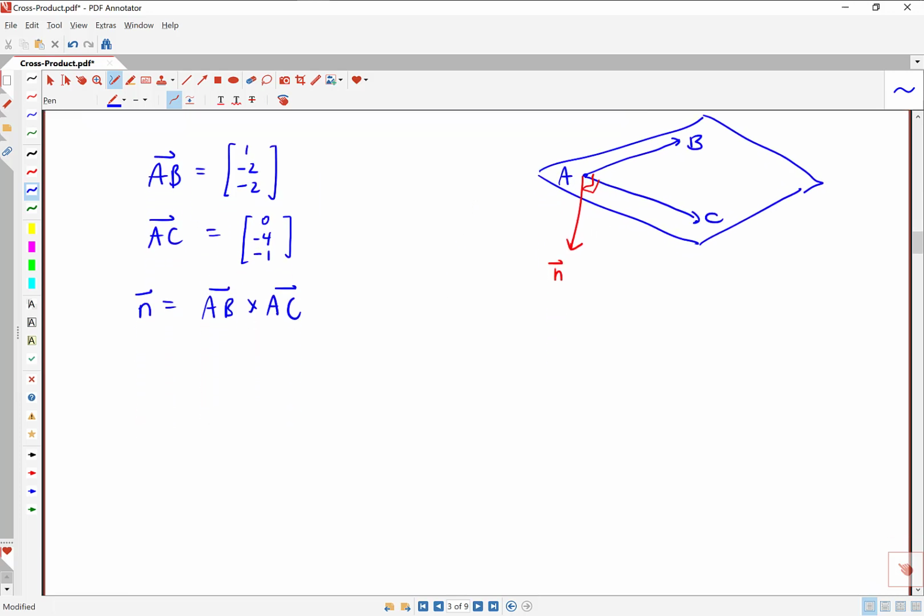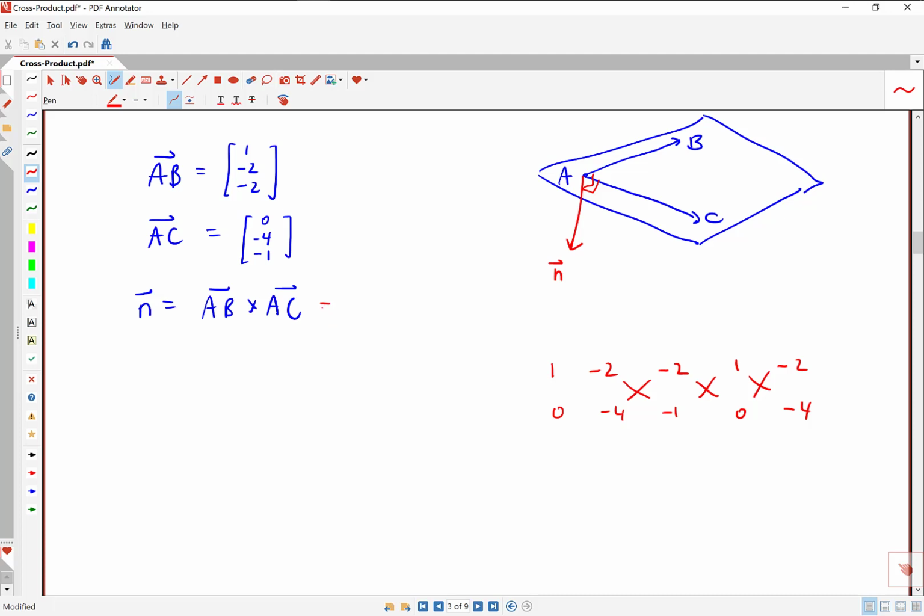So now we can calculate the cross product of these guys. Let's do that over on the side. I'm going to write out the first vector's components and just recopy the first two components. Write out the second vector's components and then recopy the first two components. And then we're just doing this X pattern, ignoring the first column because it's just a placeholder.